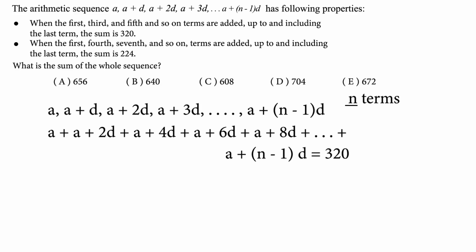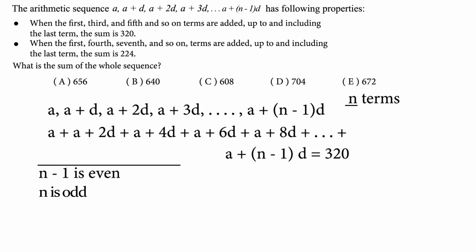So I'm going to say that n minus 1 is even. If I'm wrong, I can always change my decision later, but I've got to start somewhere. If n minus 1 is even, that means n is odd.